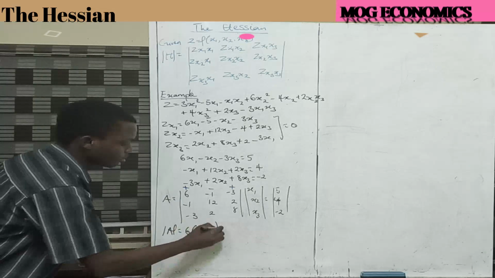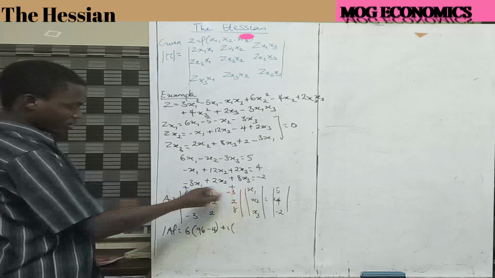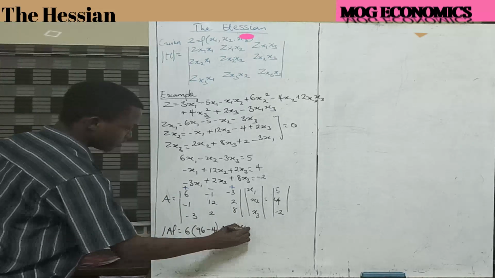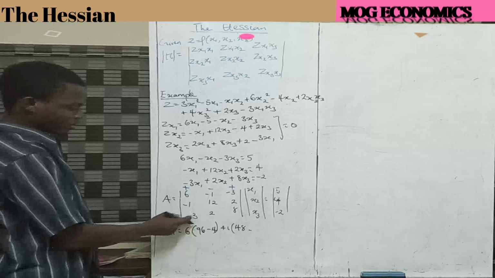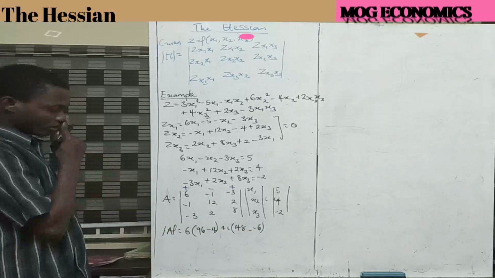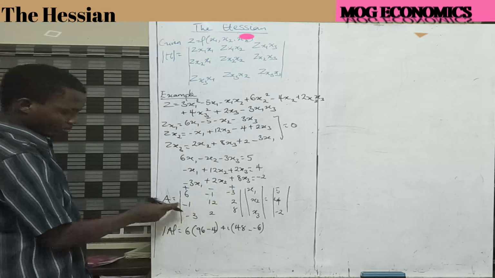And it's going to be plus 1 into bracket: this takes away this. 6 times 8, 48, minus 3 times 2, minus 6. Let me be sure what I just did. Plus 1. Okay.